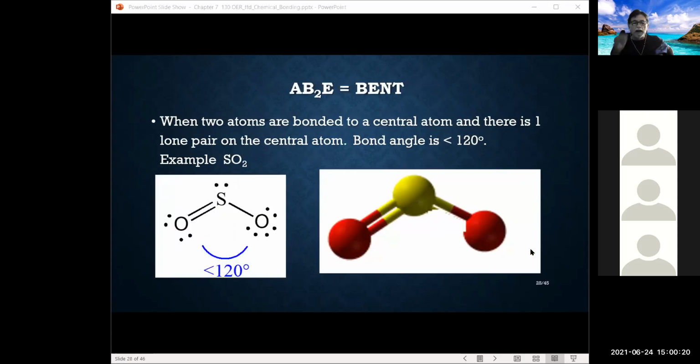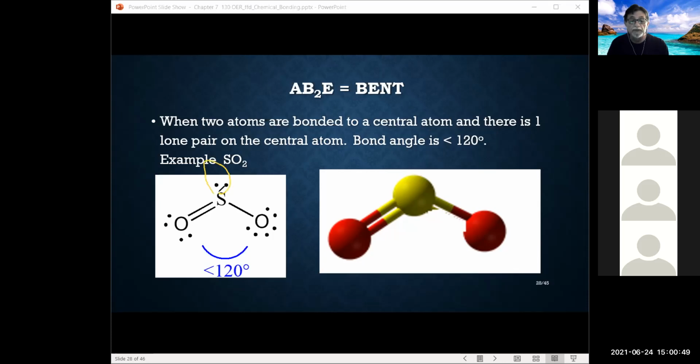Okay. The ABE is called the bent configuration. This example here is a nasty smelling gas, SO2. This is called sulfur dioxide. We would think that this bond angle again would be 120 degrees like the other one we did earlier.